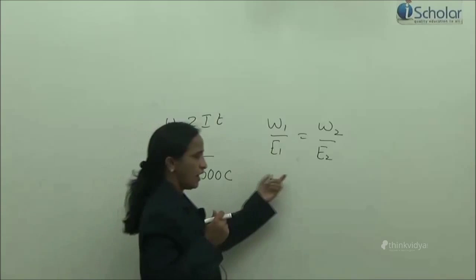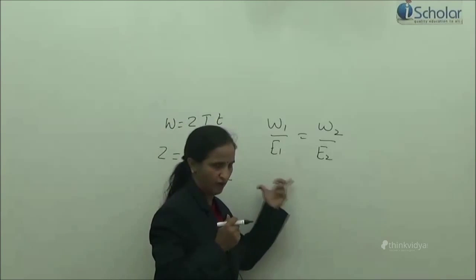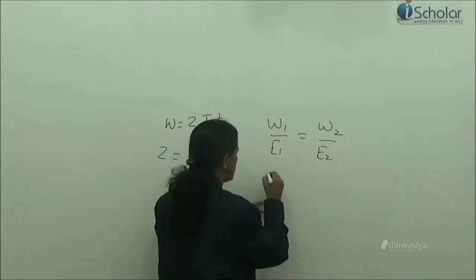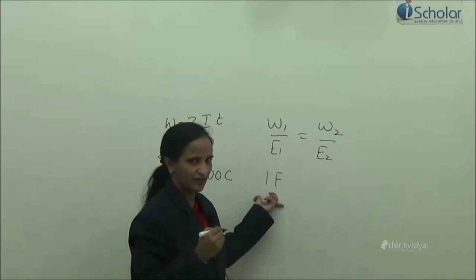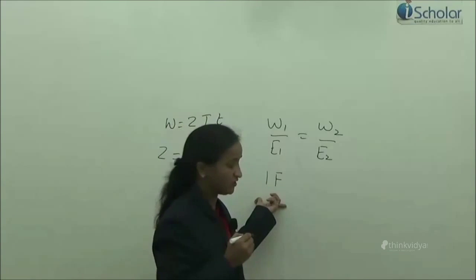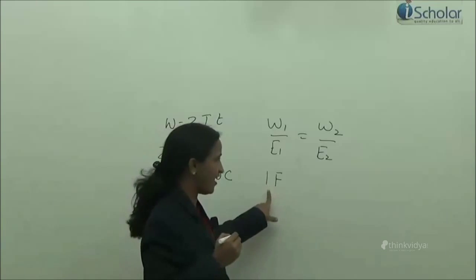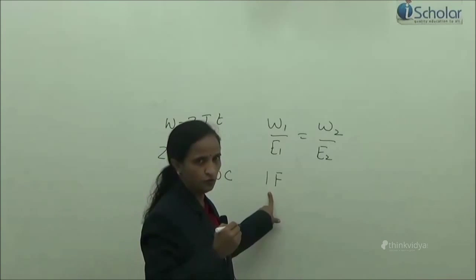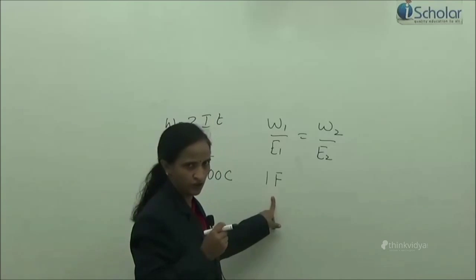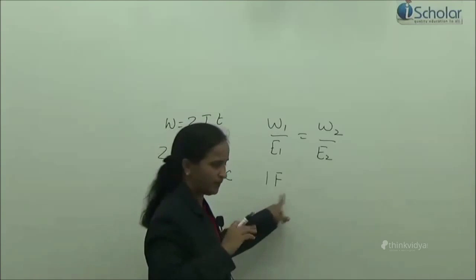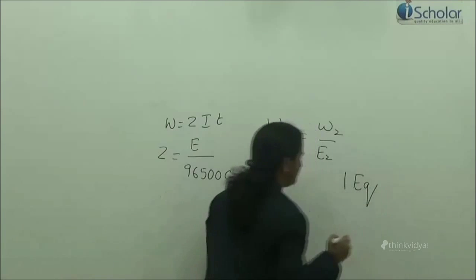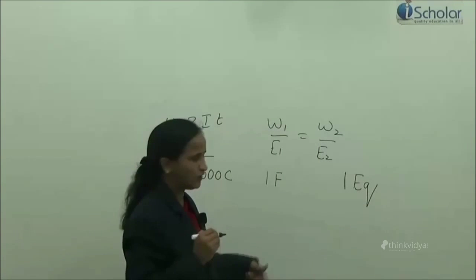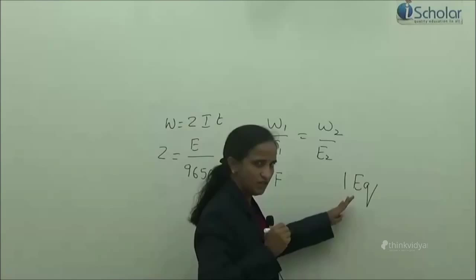And from Faraday's law we know that whenever we pass 1 Faraday of electricity through any electrolytic solution, it will either deposit or liberate one equivalent of the substance.